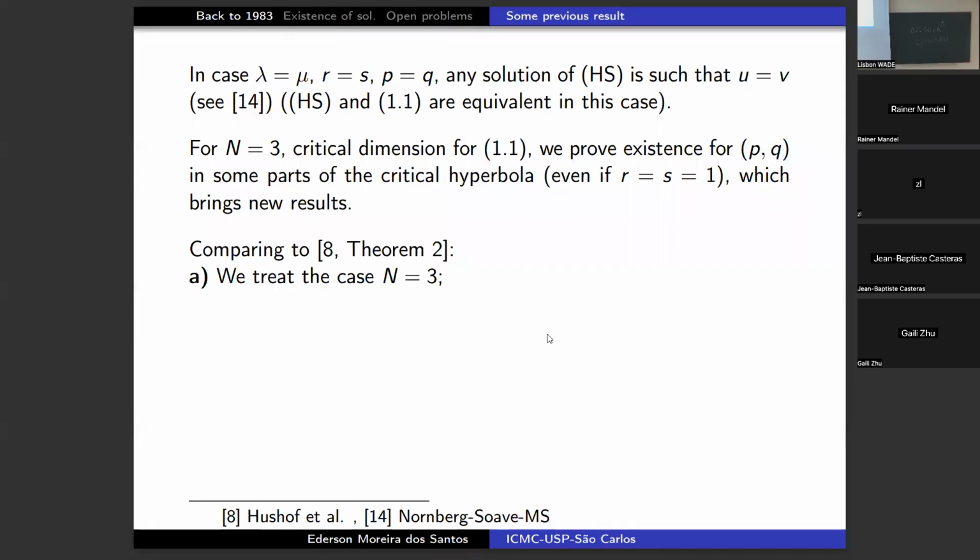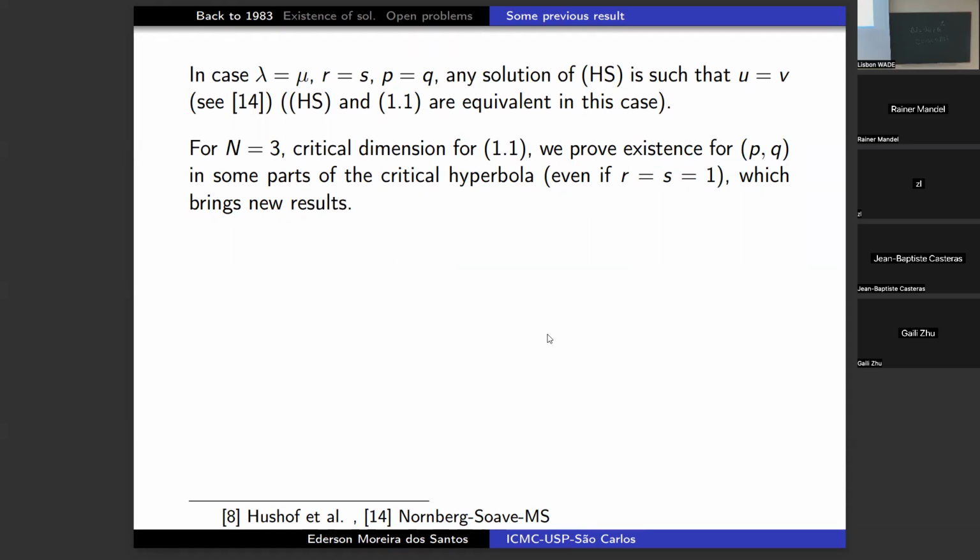In the particular case where the parameter lambda equals mu, the powers r and s are equal, and p and q are equal, the system reduces to the equation of Brezis-Nirenberg, in the sense that every solution has to be such that u equals v.